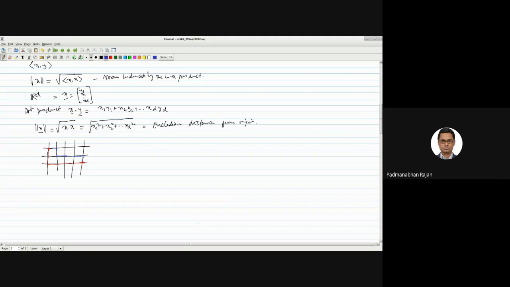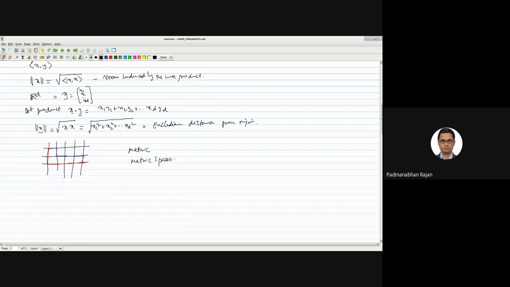If you study it more formally, there are some properties which a distance function has to satisfy, and if it satisfies those properties, it can be called a metric. A vector space with an associated metric becomes what? It's called a metric space.